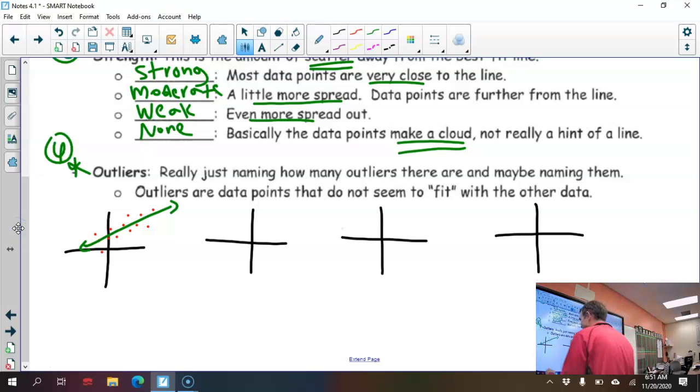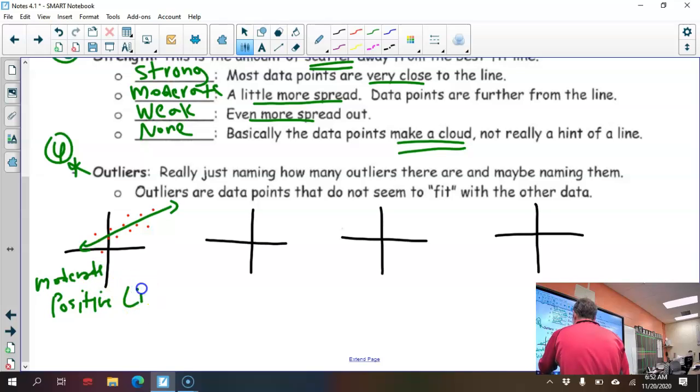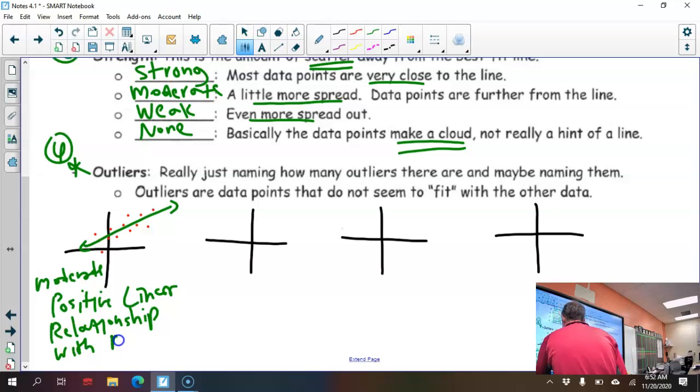I need to use all 4 of these things. So I might say this has a positive, you know, I might go moderate. I should have said that first probably. A moderate, positive, linear relationship with no outliers.